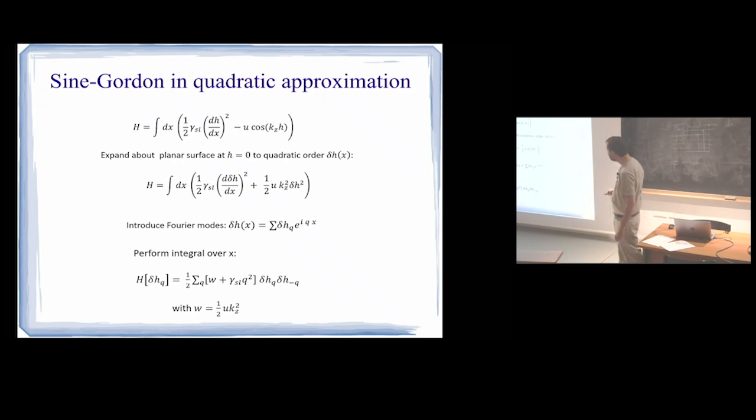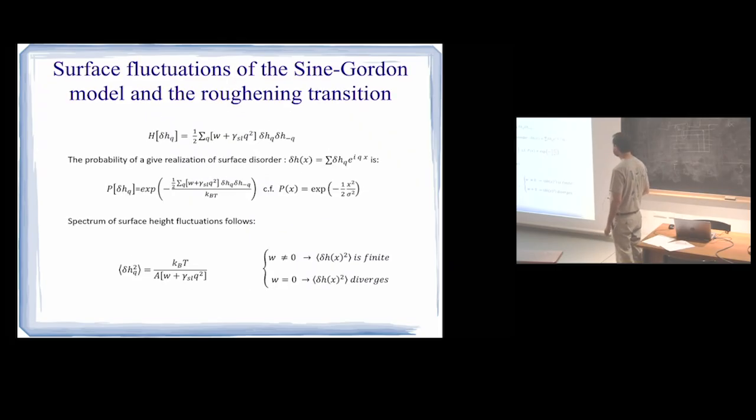For each collection of Fourier modes, I'll get a free energy. And in this way, I can measure the likelihood of getting one fluctuation or the other in my system. Okay? So if I want to solve the problem, I want to understand that this is one single realization of the surface profile, and actually, what is the probability of such a realization?